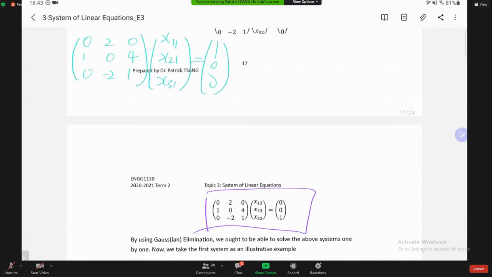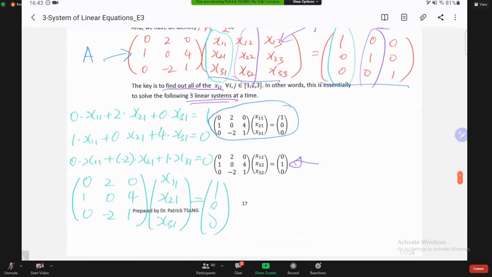At this moment, can you see what I mean, and how and why you can get 3 linear systems at a time? This is very essential. Can you convince yourself and understand what I'm talking about? If it is fine, let's move on.